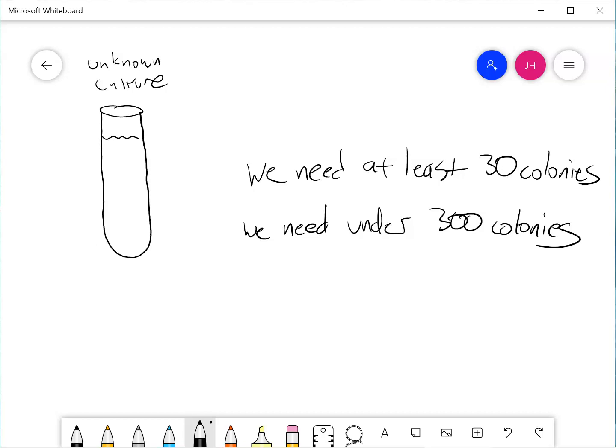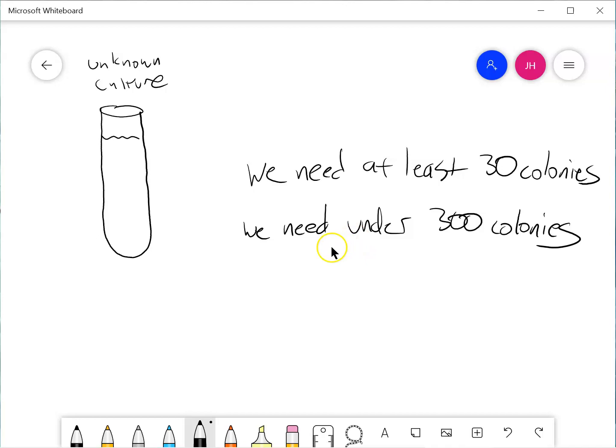The problem with this is there's a high probability that a lot of those colonies were founded by two cells on top of each other. And so you start to get an inaccurate number if you have more than 300 colonies or less than 30. Okay, so this is our target.